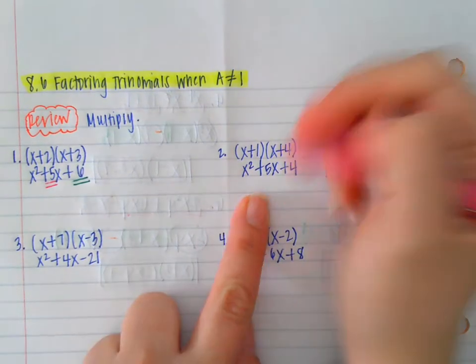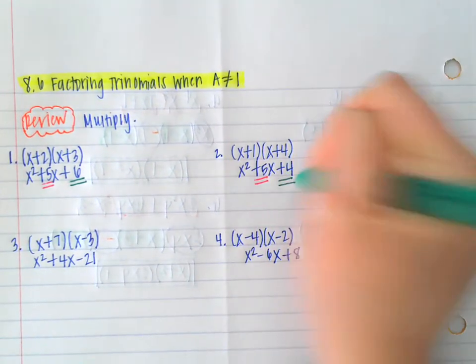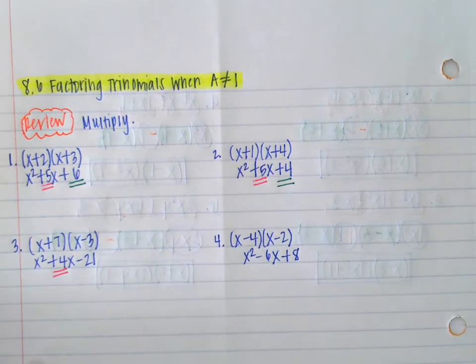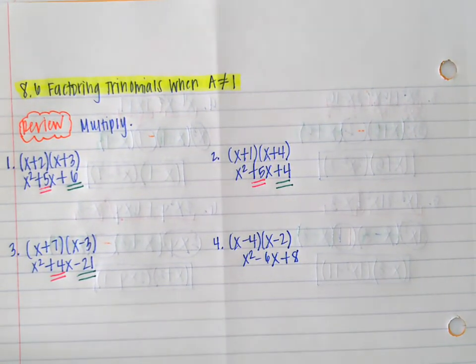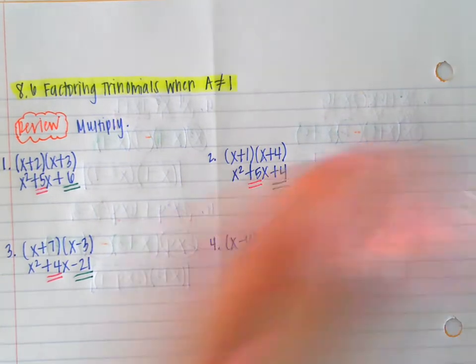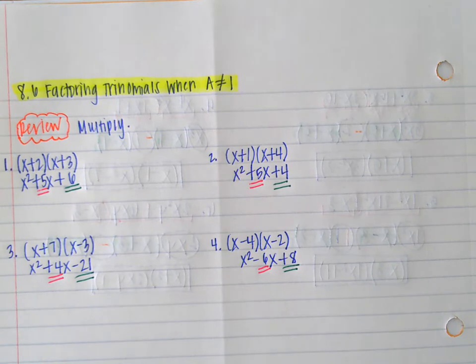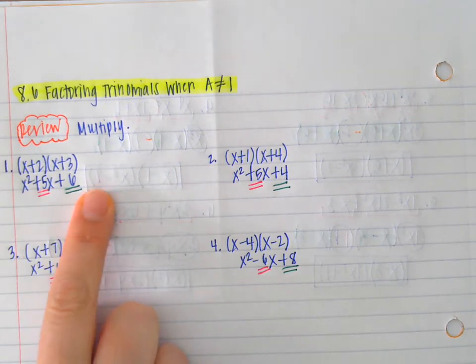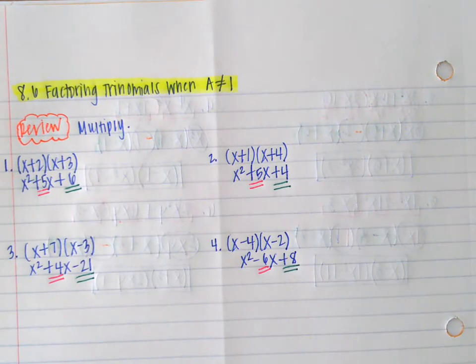Then keep going: how does 5 and 4 relate to 1 and 4? How does 4 and negative 21 relate to 7 and negative 3? And last one, how does negative 6 and 8 relate to negative 4 and negative 2? Think about that for a second. For example, 5 and 6, how do those numbers come from 2 and 3?